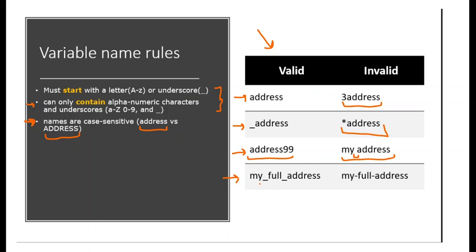We started with a letter, and the variable name only contains letters, numbers, or underscore. So this one checks out. My-full-address complied with the first rule, but it didn't comply with the second rule. Why? Because we are using hyphens. Hyphens are special characters that are not allowed in variable naming. All right.